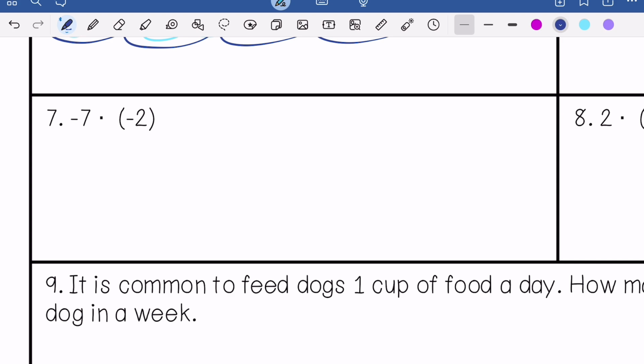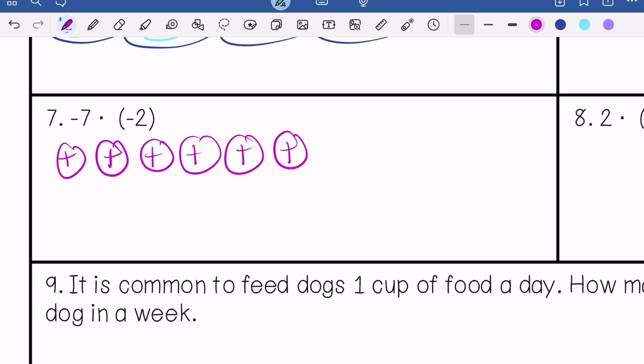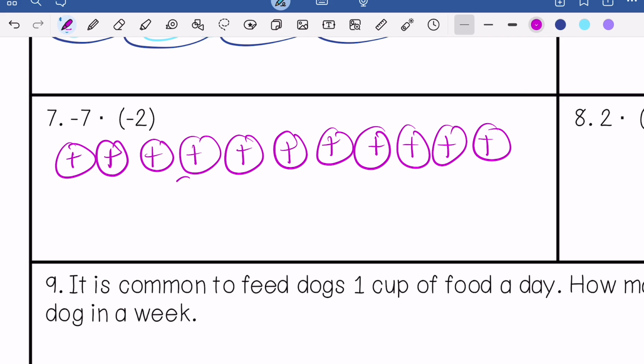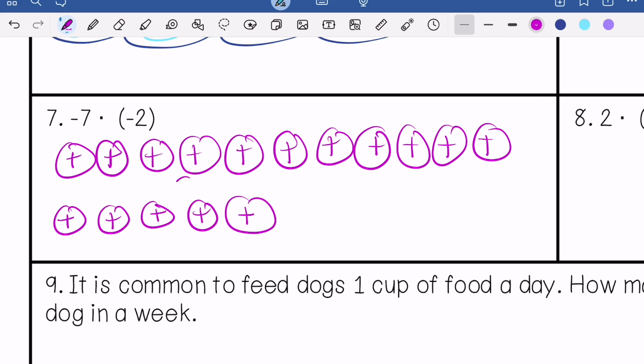All right, a negative and a negative, 7 times 2 is 14, so I'm going to draw 14 zero pairs. I'm actually going to show you what it looks like if you have extra zero pairs, what you do.